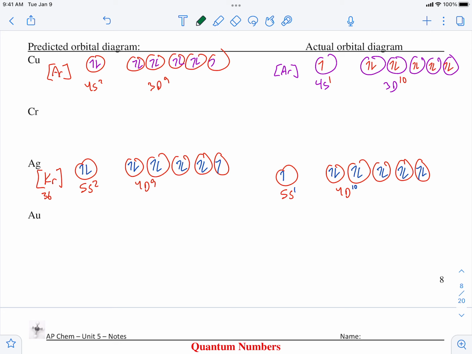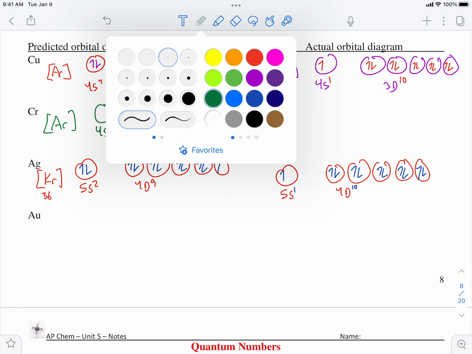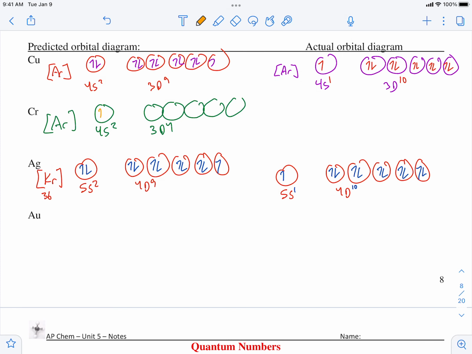So chromium is 24. So we're going to start with argon. So 4s2, 3d4. This is what we expect from chromium. Okay, you guys, that makes sense? But here's what happens.